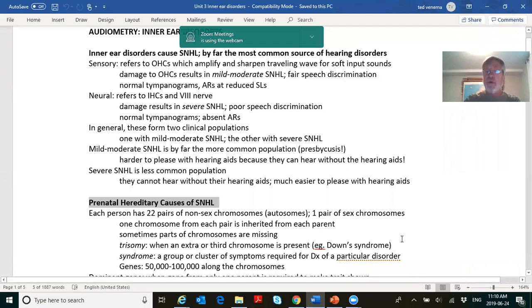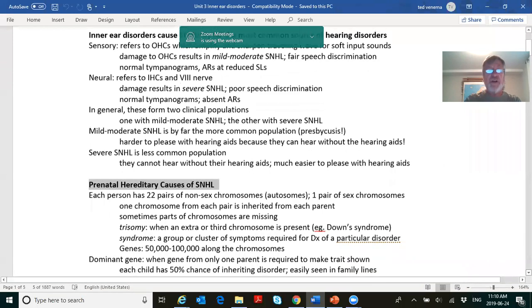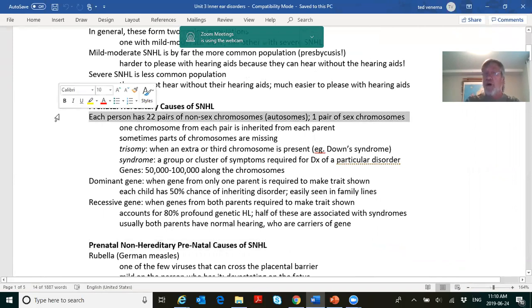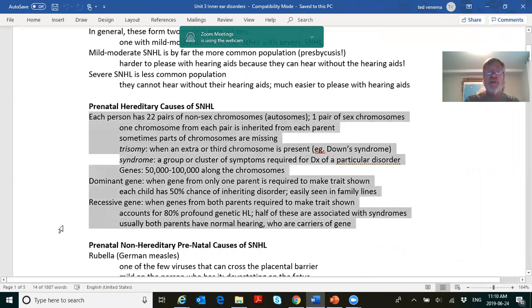Now, if we move to the middle of the page here, prenatal, and then you're going to see hereditary causes, and then you'll see below here prenatal, non-hereditary causes. Okay, now I'm never going to ask that people look at chromosomes and autosomes and so on. No. You can read this for fun. I'll never ask. This is never going to be on a quiz or exam, but it just gives you an idea of what genes and chromosomes are.